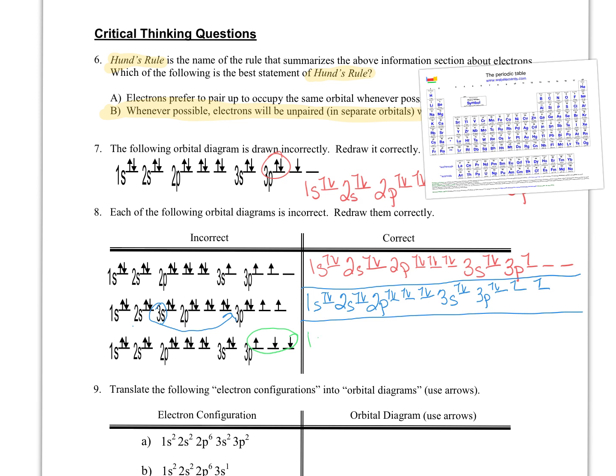So we have 1s with 2 electrons, 2s, 2 electrons, 2p. We're going to fill this up. And then 3s and 3p with 3 orbitals. We want all the arrows spinning up.